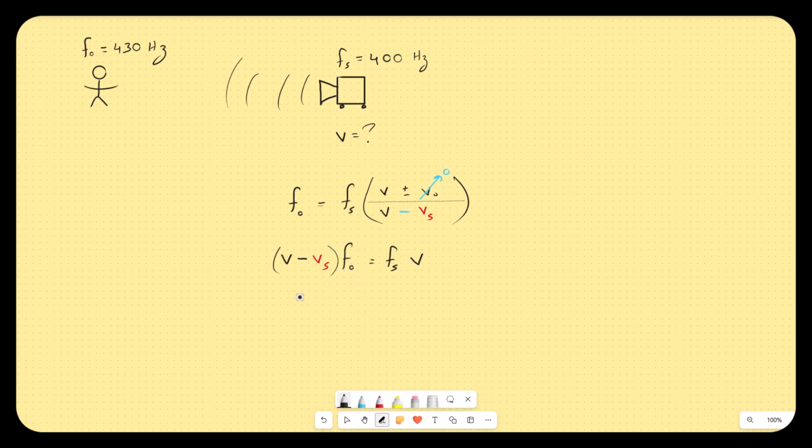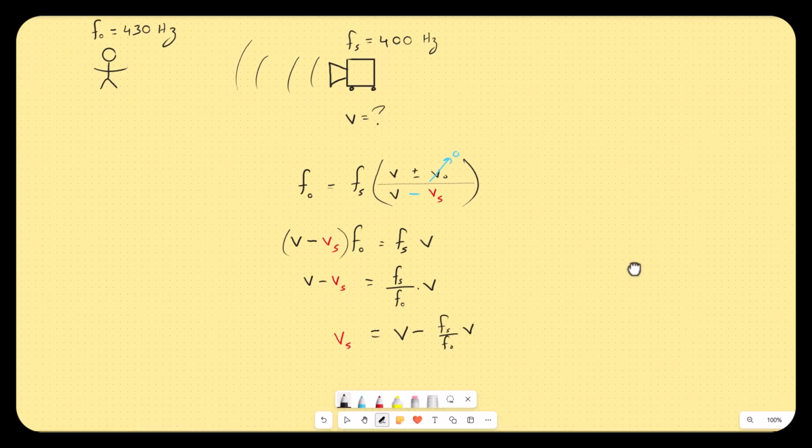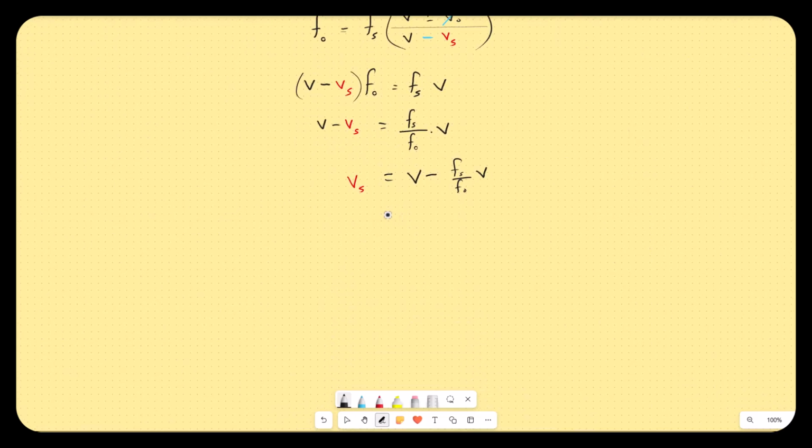I can divide by frequency observed, and then solve for Vs. And now I can plug in some numbers.